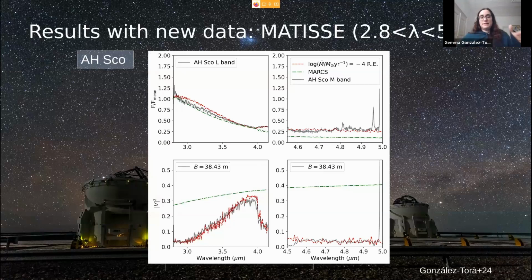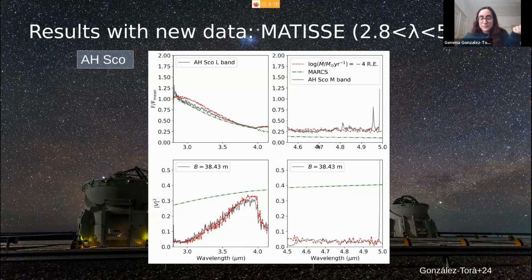You can see this here in the upper panels again. That's the flux for L and for M. On the lower panels, there's the visibility, and you can see again in green is the MARCS model, in red is our model. It's especially interesting at 4 microns because the flux changes in this wavelength range compared to MARCS, and we can see that our model fits the SiO way better.